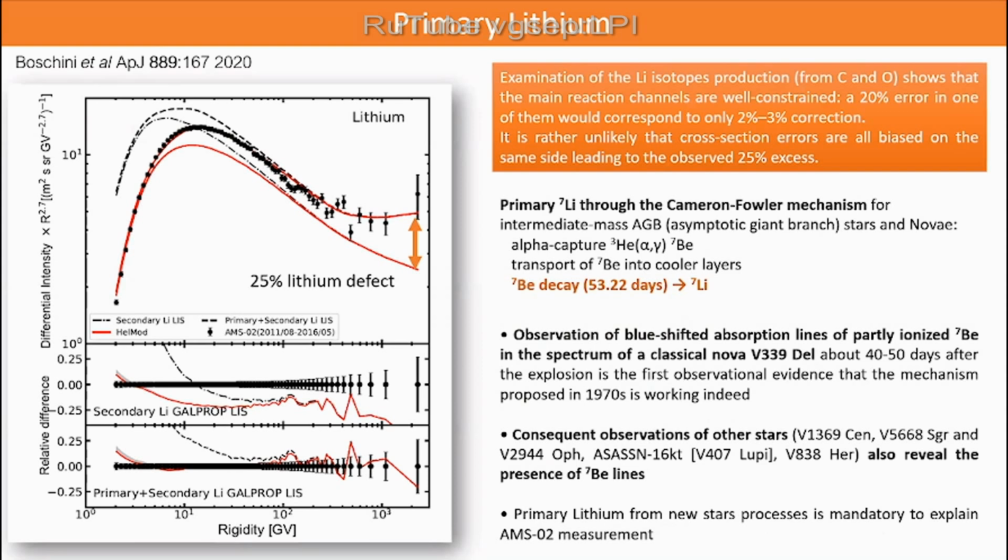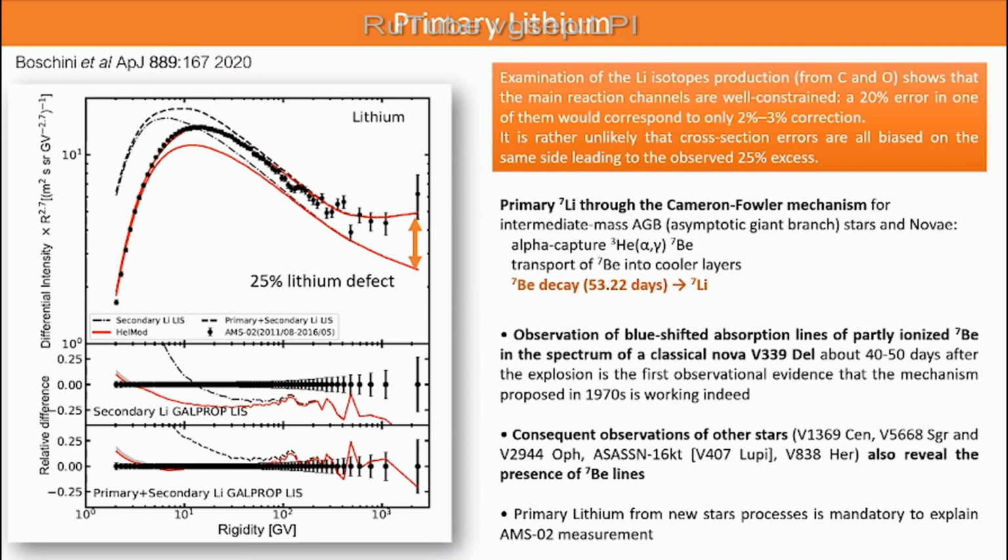And so we try to describe this excess using the so-called Cameron-Fowler mechanism to produce lithium-7 in intermediate mass AGB stars, supernovae, and novae, which is represented basically by an alpha capture, a transport of the produced beryllium, and then a decay into lithium-7.